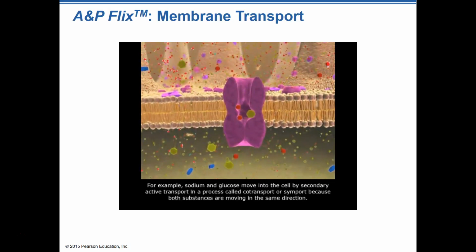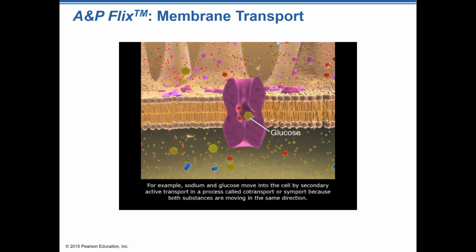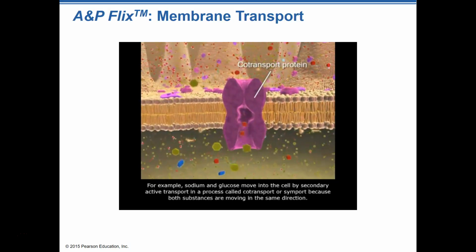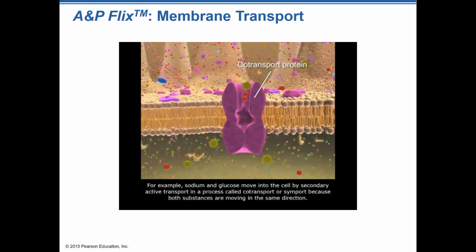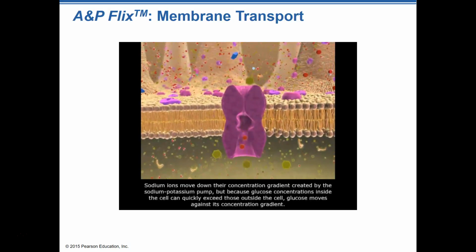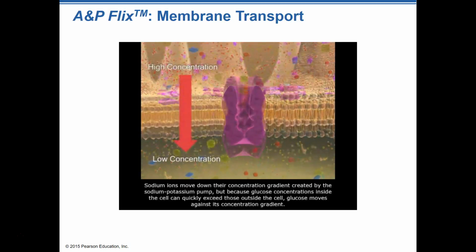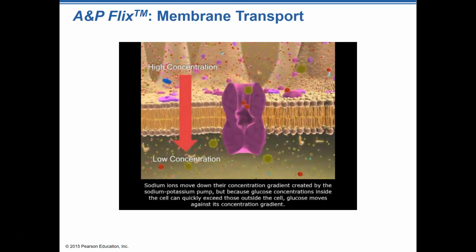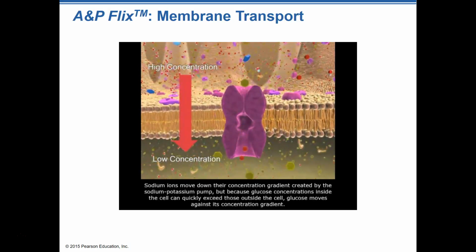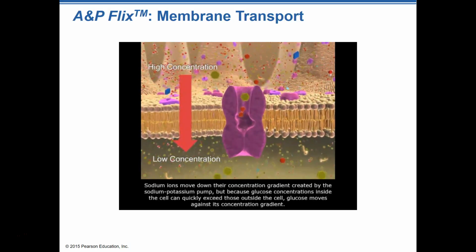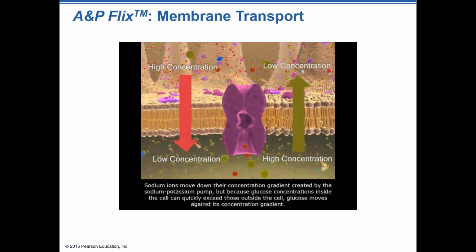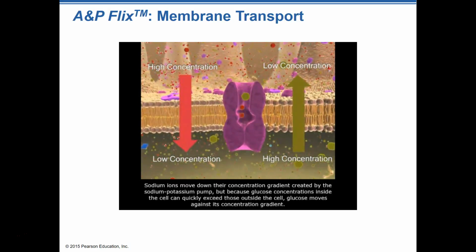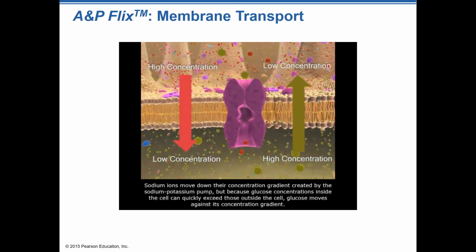For example, sodium and glucose move into the cell by secondary active transport in a process called cotransport or symport, because both substances are moving in the same direction. Sodium ions move down their concentration gradient created by the sodium-potassium pump. But because glucose concentrations inside the cell can quickly exceed those outside the cell, glucose moves against its concentration gradient.